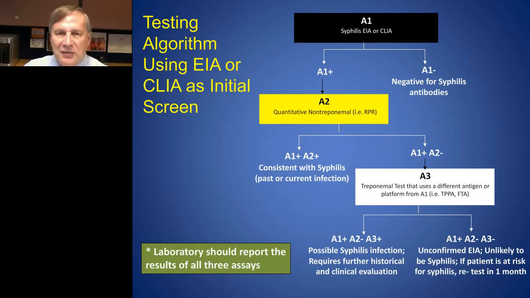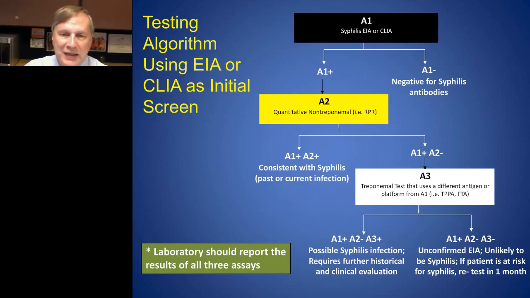If it's negative, it was suggested that we run a treponemal test that uses a different antigen or platform from a different manufacturer. Okay, now here's the situation. When we have treponemal assays, they all perform fairly well, fairly good sensitivities on all of those assays, we know that some definitely perform a little bit better than others.